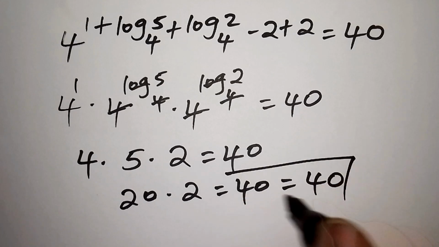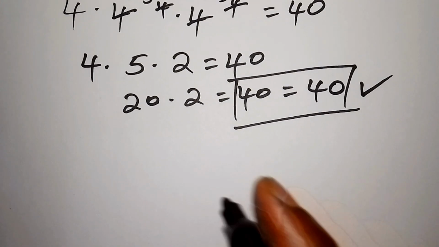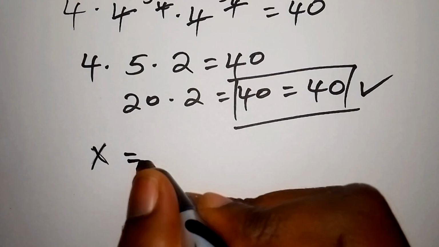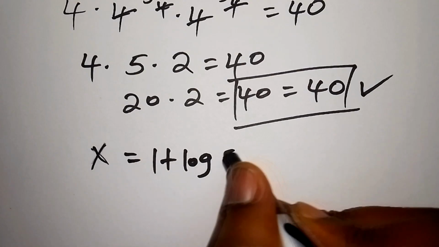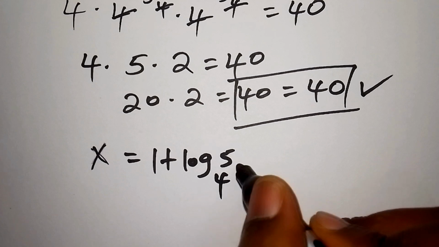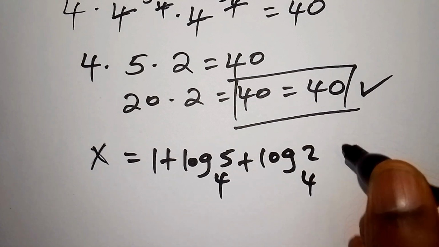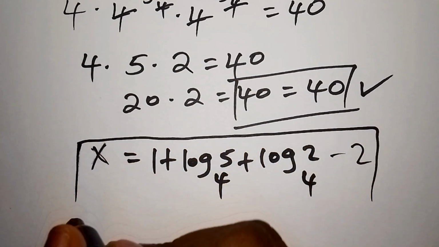So it means that our answer is correct, and the value for x in this case is equal to 1 plus the log of 5 to the base of 4, then plus the log of 2 to the base of 4, then minus 2. So this one now is our correct and the best answer for this maths problem.